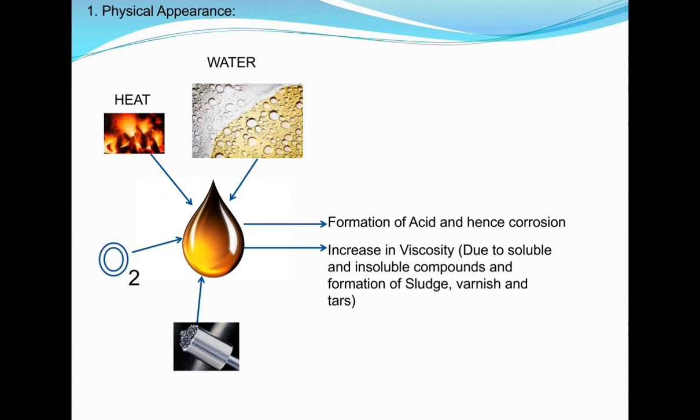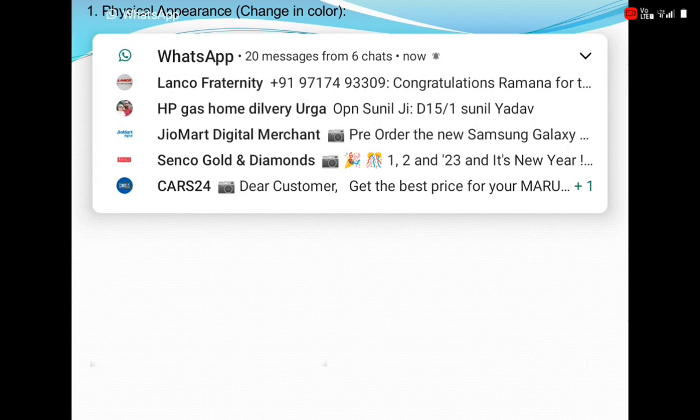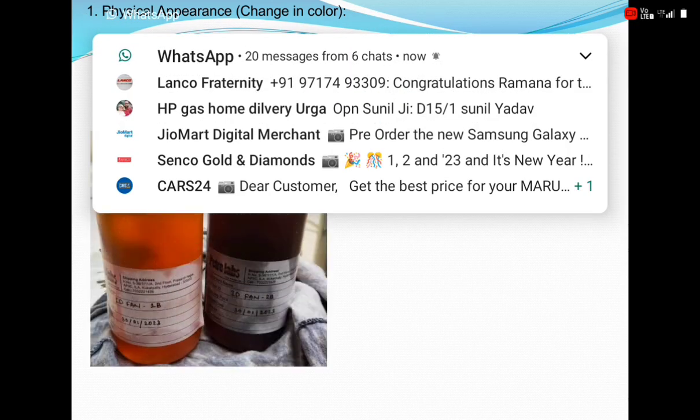If we further discuss physical appearance, it means only that you can physically see the change in color. I will give you some examples, because we can easily distinguish the oil by watching the color and appearance.